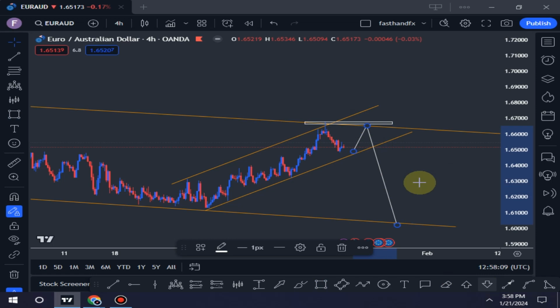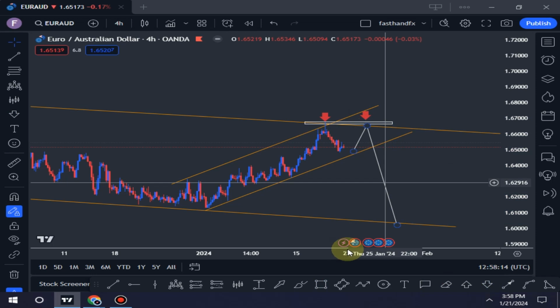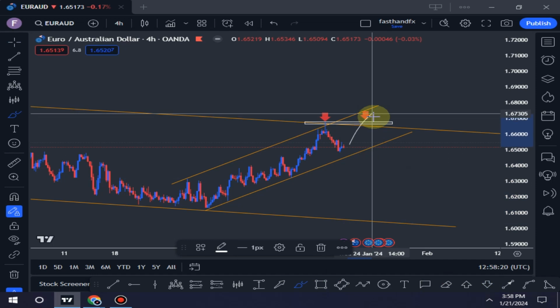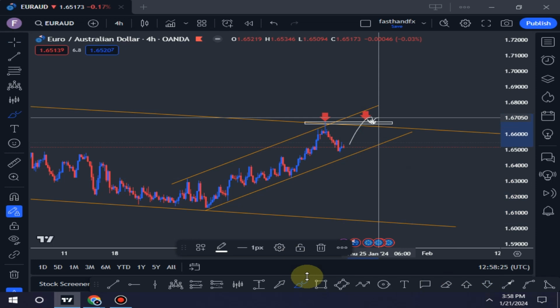That might be a double top, and if it doesn't break, we continue following along, because if price continues going up, why do you want to take a buy right here? Are you crazy? Let it go.